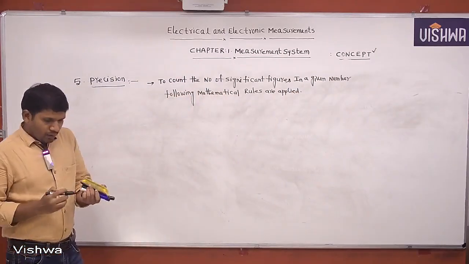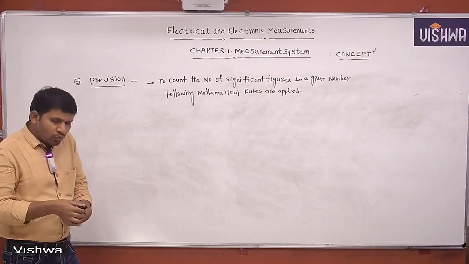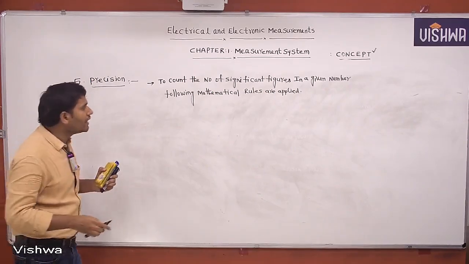What are the mathematical rules we can apply to count the number of significant figures in a given number?